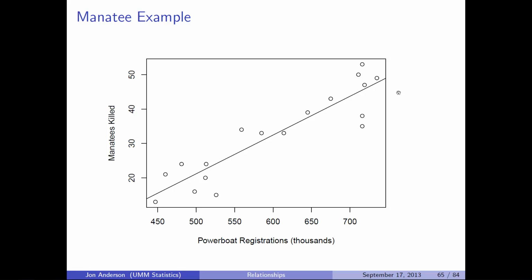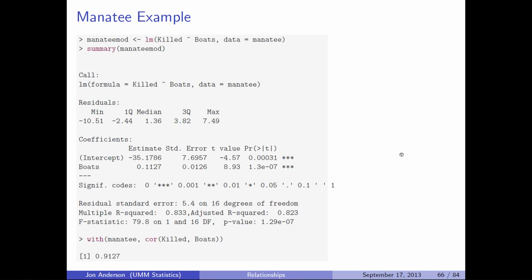And here is the summary line. Let's talk about some of the things about the line from this, estimating a summary line using boats to explain manatees killed, and then we have a summary of our manatee model. We have the estimated intercept of -35. We have a slope of 0.1127 connecting the tilt and the slope of the line.